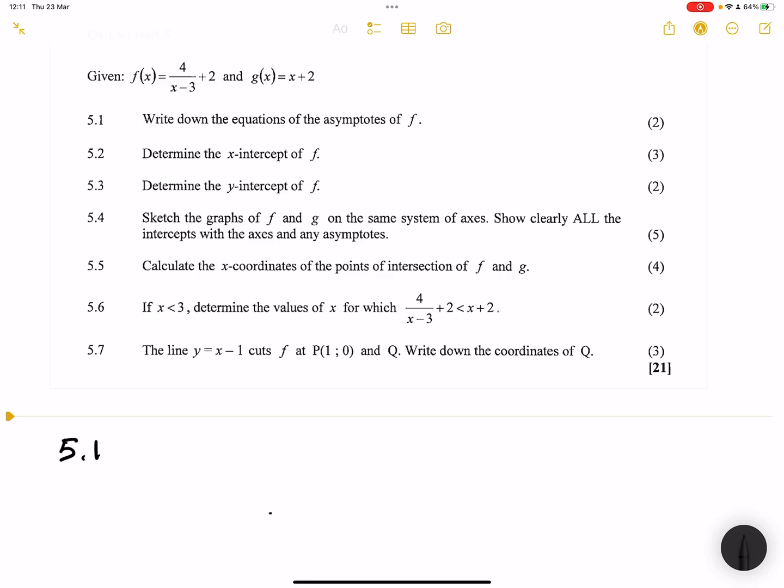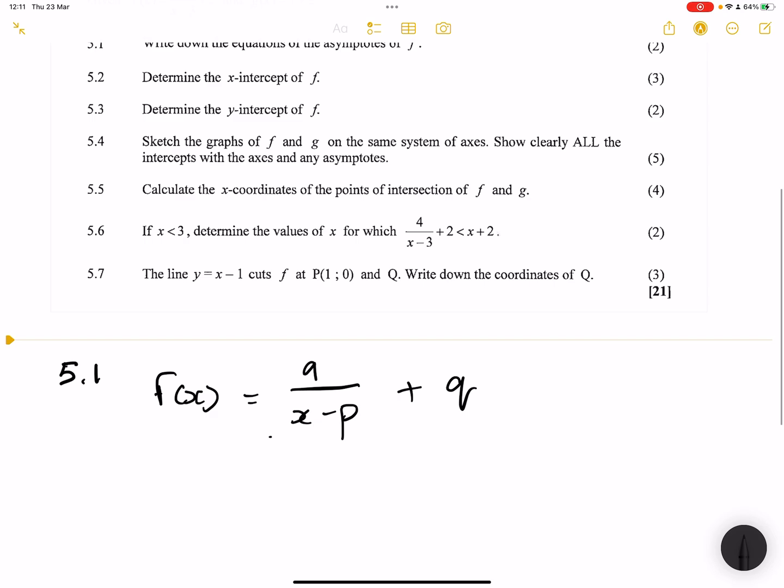Right, if you think about a hyperbola, in this case, we know this is in the form f of x equals a over x minus p plus q. Now remember, this value here tells us about the horizontal asymptote. In fact, sorry, the vertical asymptote.